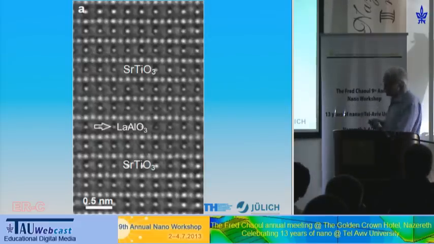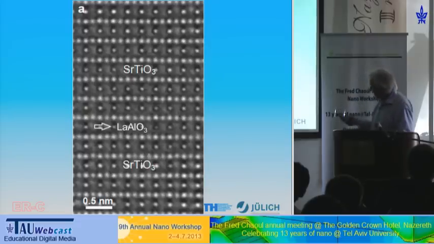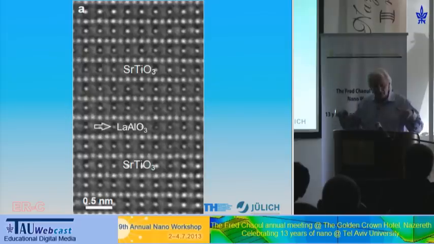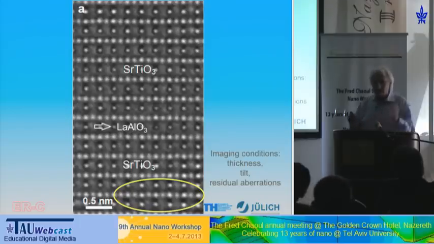In this case, we exploit an advantage of this sample, because here we have perfect strontium titanate. We know the structure, so there is no problem to calibrate the thickness and the angle of incidence, that means to find the imaging conditions in strontium titanate far away from the problematic area.